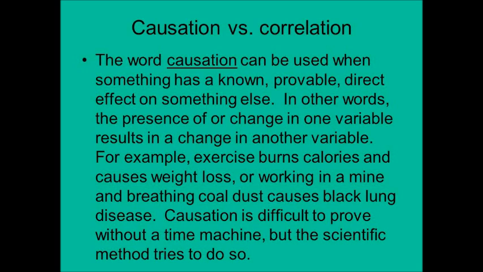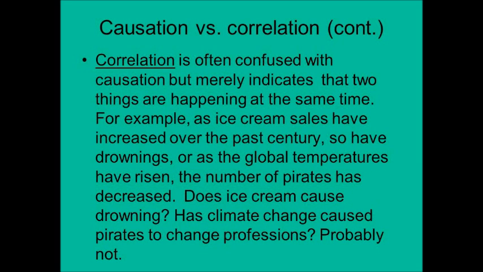Causation is difficult to prove, but that's why we have the scientific method. And certain things are scientifically known to cause other things, and in those situations you can use the word cause or causation. Unfortunately, some people have forgotten their science lessons in high school, and they'll believe things are causation when they're actually only correlated.